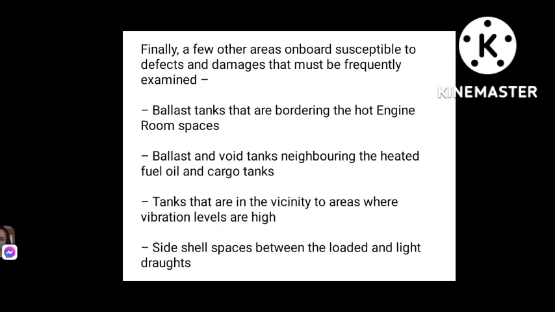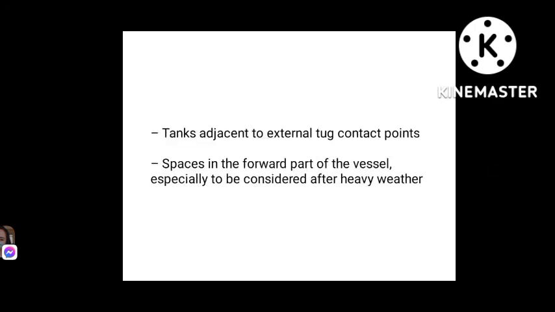Tanks that are in the vicinity of areas where vibration levels are high. Side shell spaces between the loaded and light routes. Tanks adjacent to external tug contact points, and last are the spaces in the forward part of the vessel, especially to be considered after heavy weather.